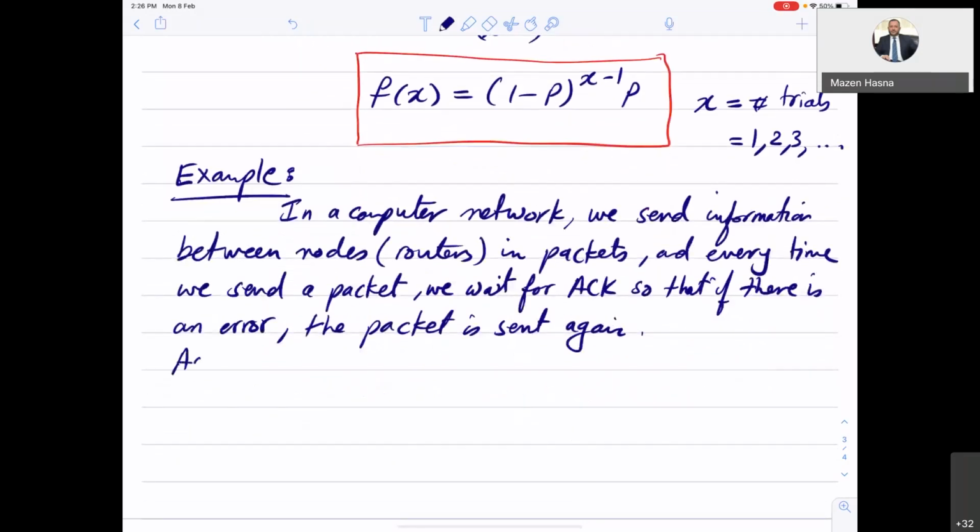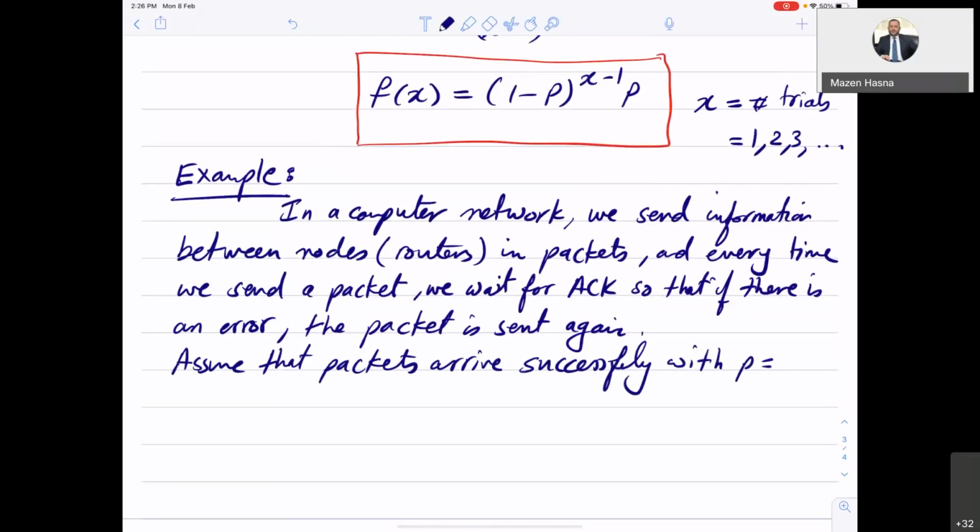Okay, assume that packets arrive successfully with probability 0.95, and I can ask the following question.